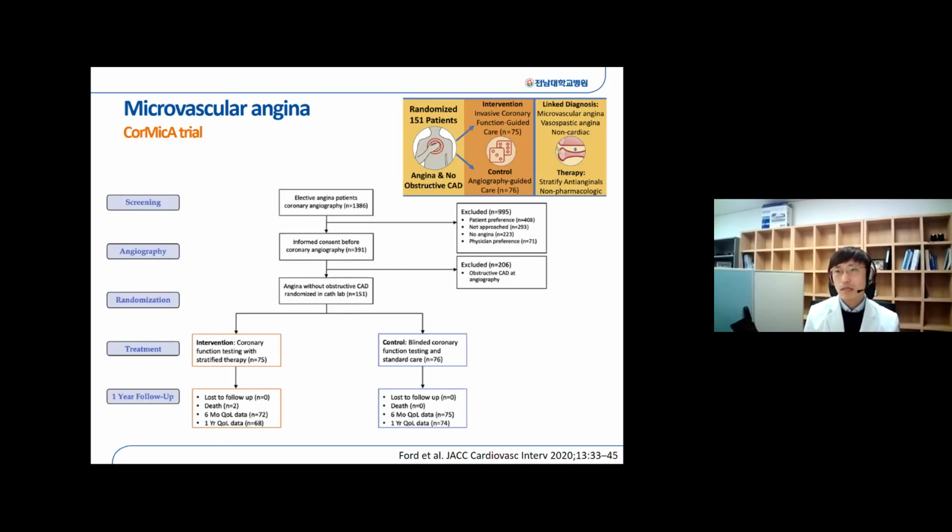So maybe it should come from the doctor's expertise using probably invasive and non-invasive modalities at the same time, but I'm not sure which marker will really work. Thank you very much.